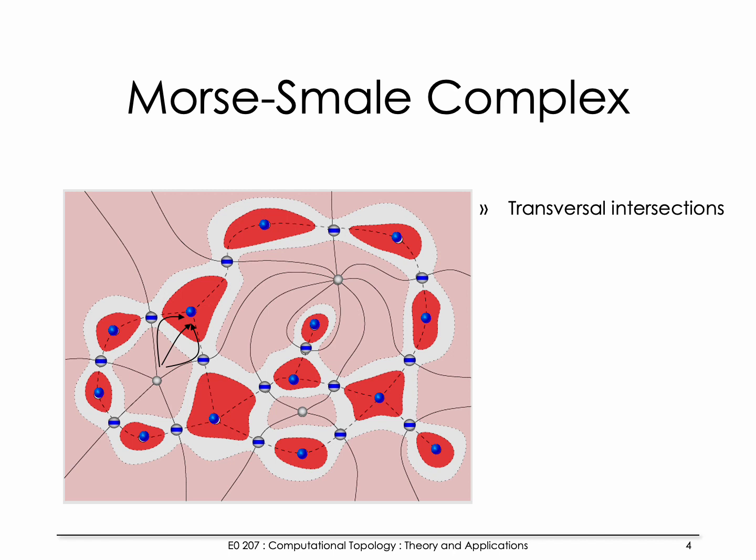For this Morse-Smale complex to be well defined, we wanted all the intersections between the ascending and descending manifolds to be transversal, in the sense that if an ascending manifold intersects a descending manifold, then it actually crosses the manifold.